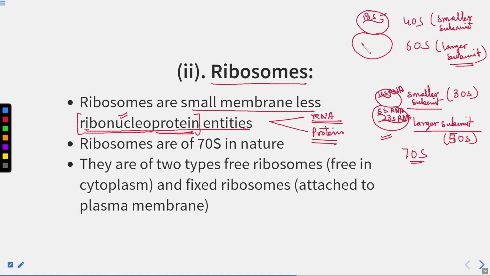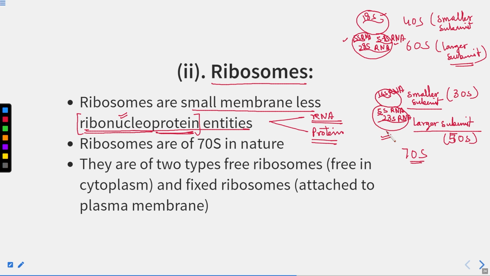And in the 60S type we have 28S RNA, 5S RNA and 5.8S RNA. So three RNAs: 5S RNA, 5.8S RNA and 28S RNA.